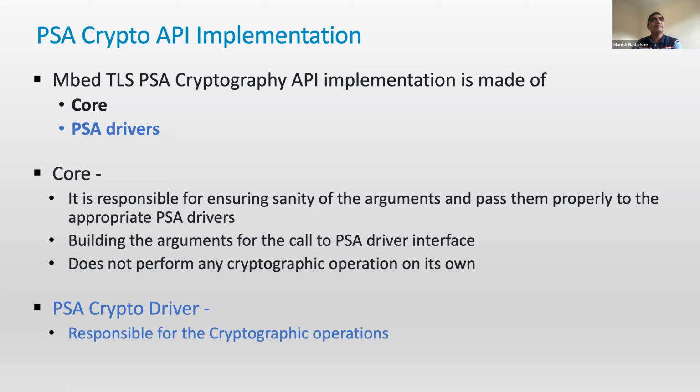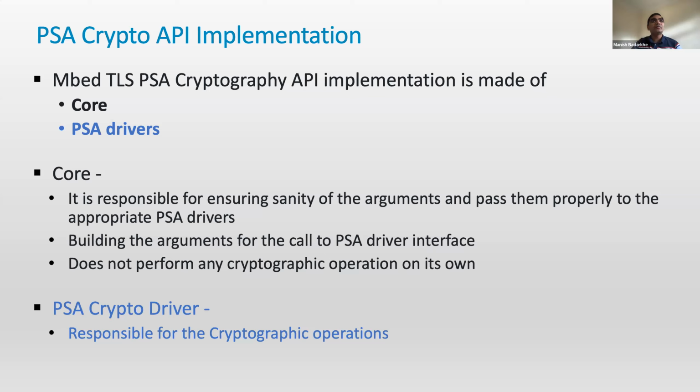Just to give a glimpse of what exactly the PSA Crypto API implementation is, it mainly consists of two parts. One is a core part, which ensures the sanity of whatever arguments it receives and then passes them properly to the PSA crypto driver. It builds the arguments in a style compatible with the PSA driver interface.